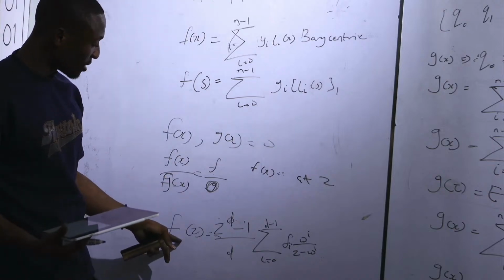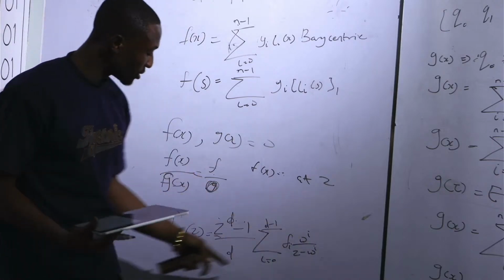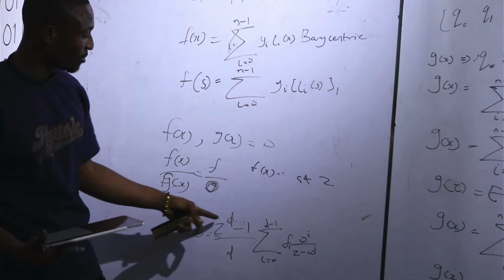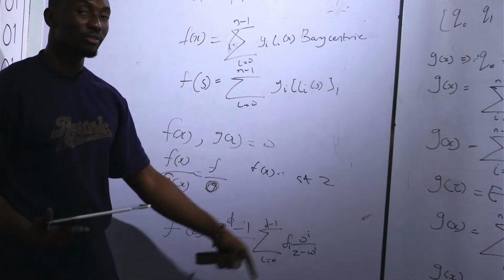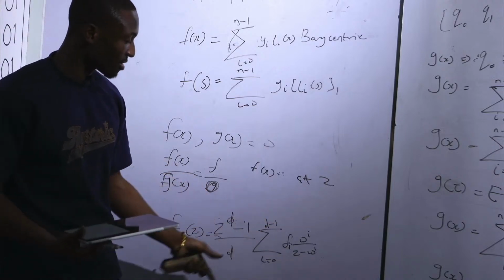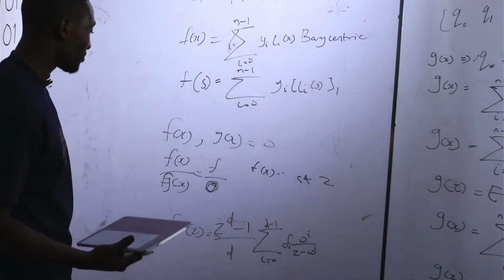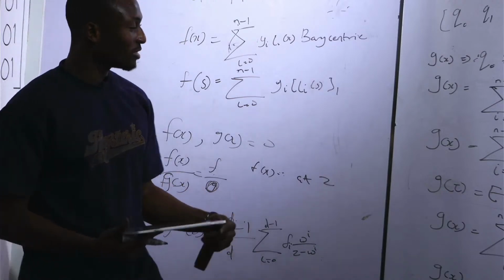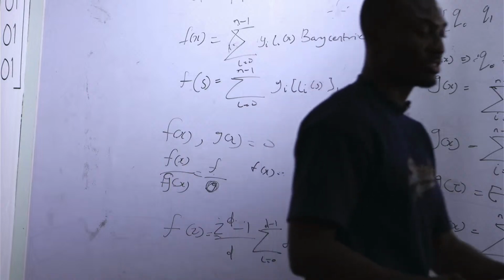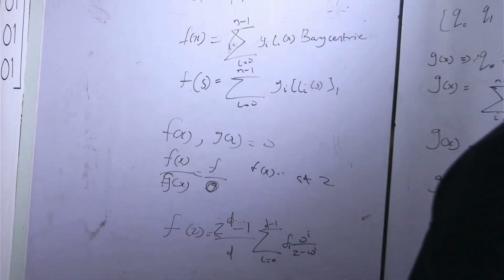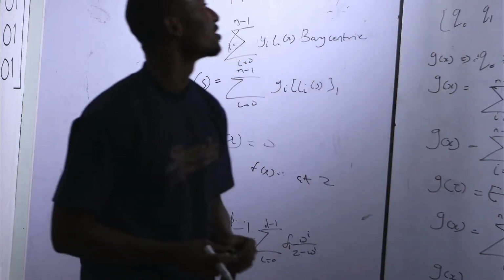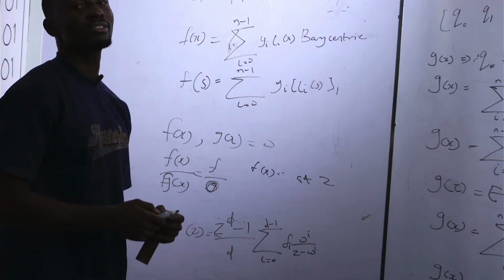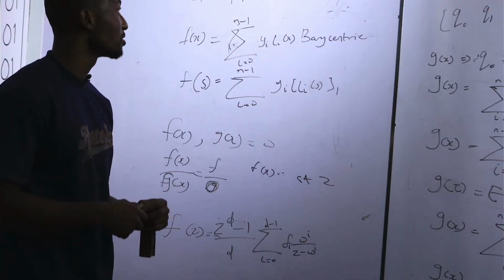So this is the formula for getting the evaluation from the evaluation form. I think because we are using evaluation form, it will reduce the computation complexity compared to evaluating coefficient forms.